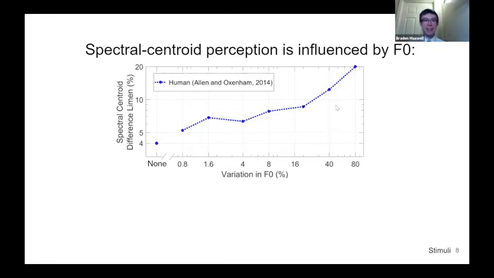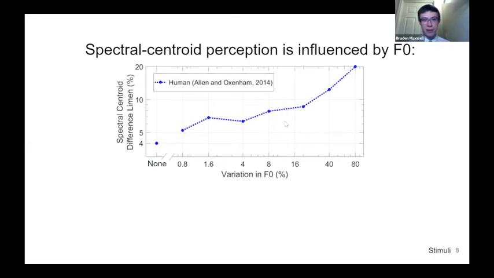So this gets exactly at the question that Jennifer Bizley was just talking about, the question of whether percepts are represented in the brain in invariant ways, or whether the representations might reflect both timbre and pitch, for example, in the same neuron.